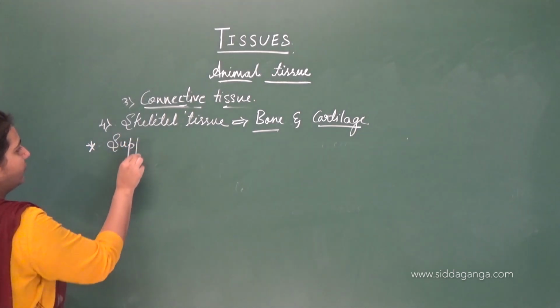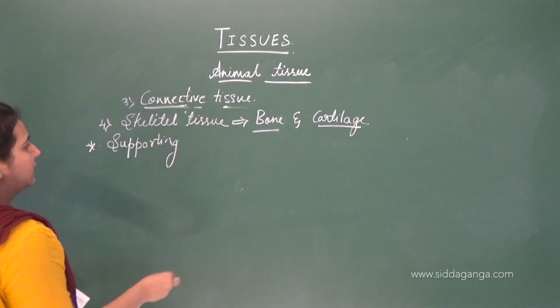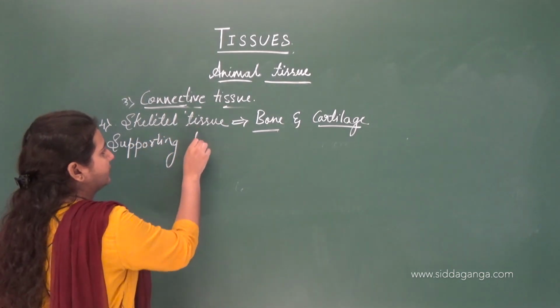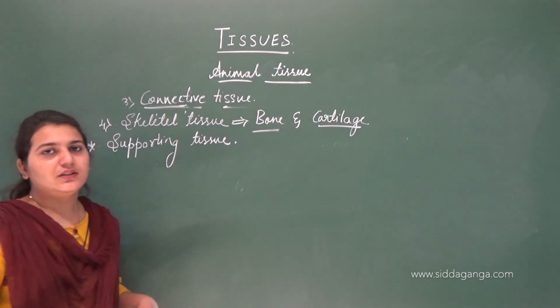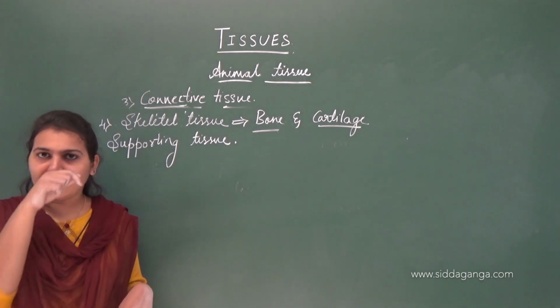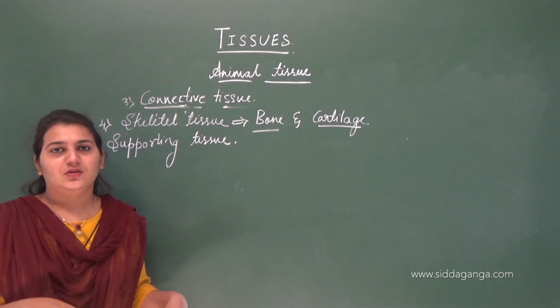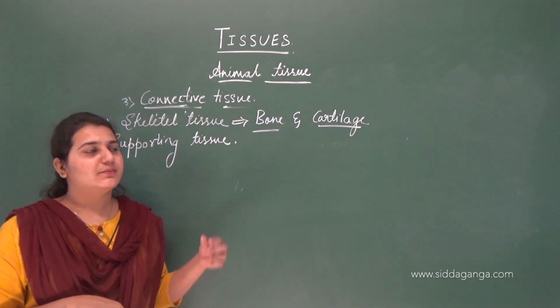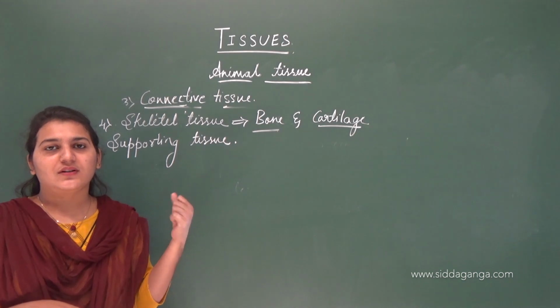So what is the function of bones? Basically it supports the body, isn't it? It is the supporting tissue. If there was no bone in your legs or in the hand, it would have been too flexible, with too much bend. It is because of the bone present in our limbs that the body organs are stiff.